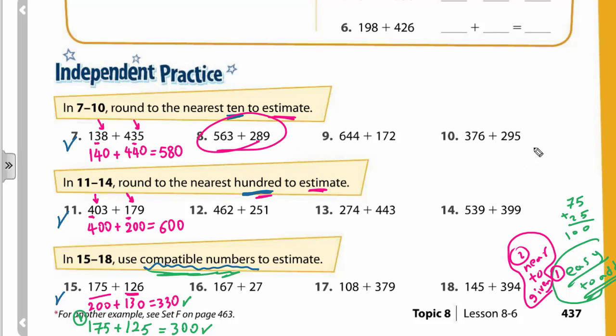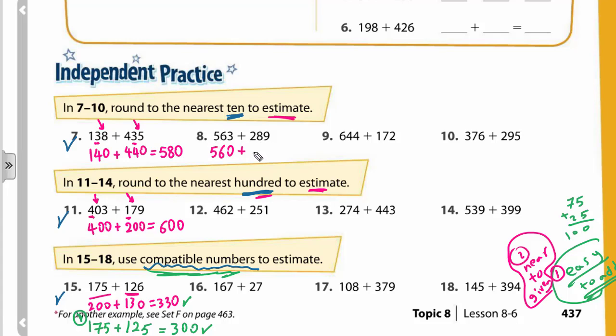He says round to the nearest 10. So 563, to the nearest 10. Yeah, the nearest 10 is 560, because the 3 is not a strong digit.